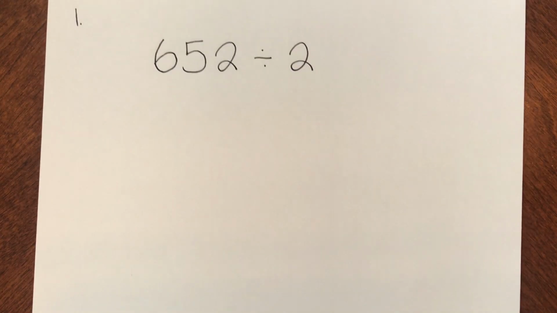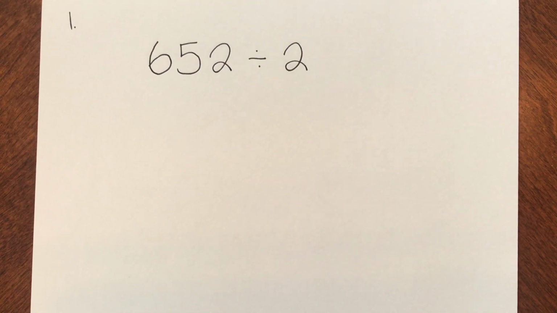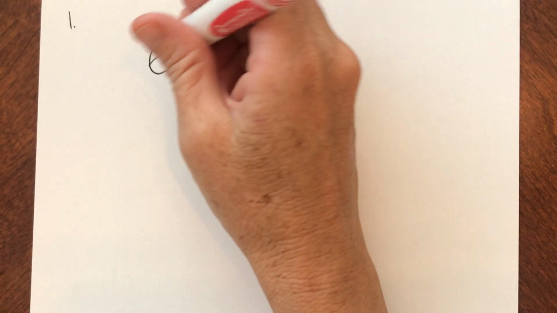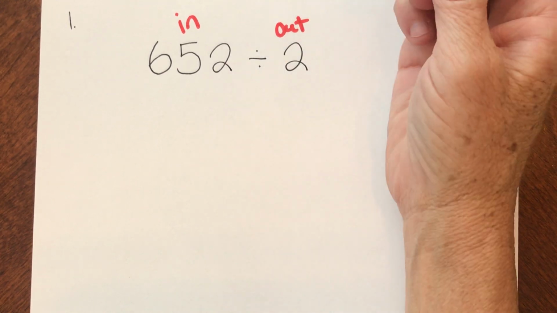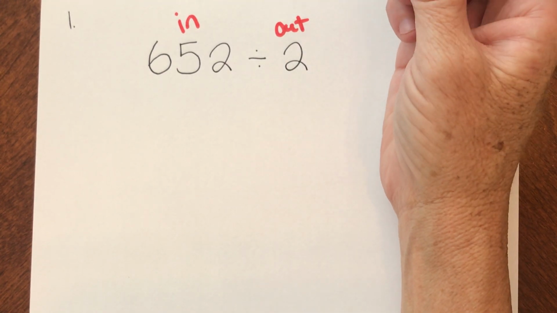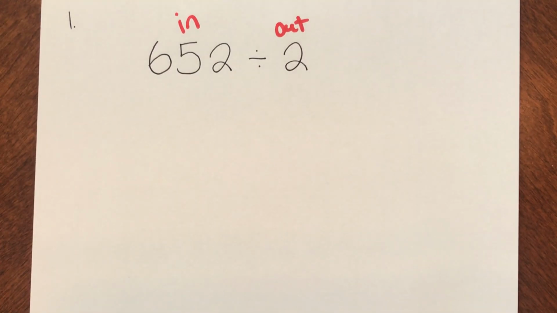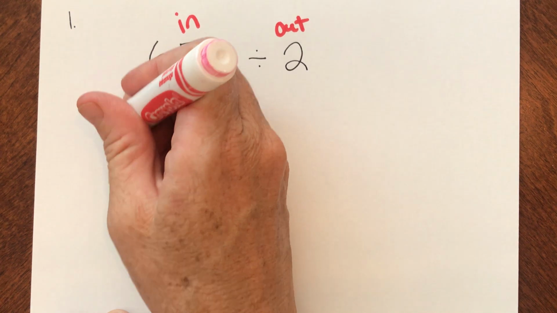Ready? Here is my first problem. My first problem is 652 divided by 2. This is my dividend, which is going to go in. I'm going to remember my in and out. I'm going to start with step 1. It says draw a large rectangle. So I'm going to draw a large rectangle.